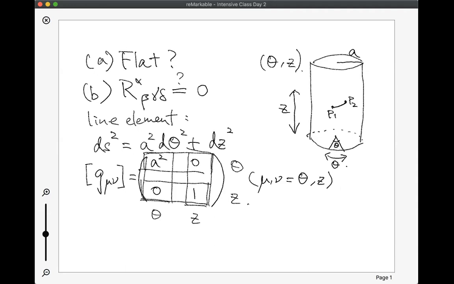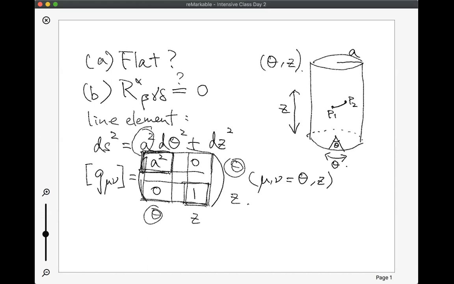Obviously, this slot here represents the g theta theta component, right? Because this is theta, so this is g theta theta. And g theta theta is obviously a squared here, so we fill in a squared in this slot. And for this one, we have the g z z component of the metric.